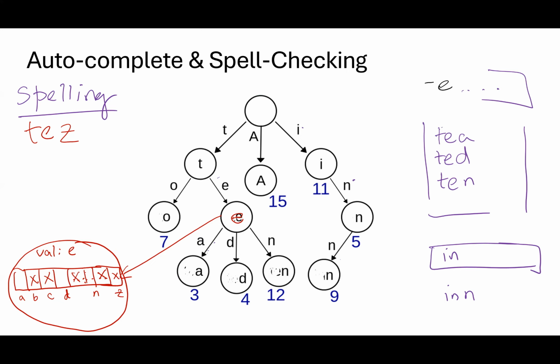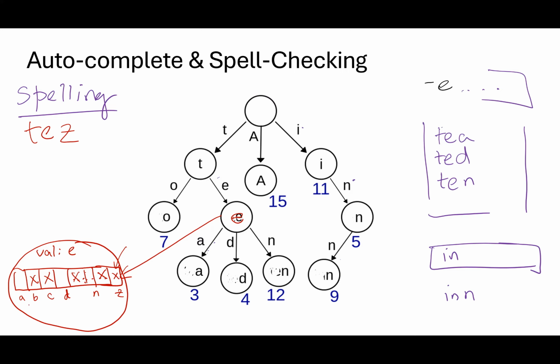So you try to write Z, right? So it comes here and checks and sees, oh, Z doesn't exist. So probably this is a wrong spelling because the dictionary doesn't have it. So why don't I suggest the correct spelling?